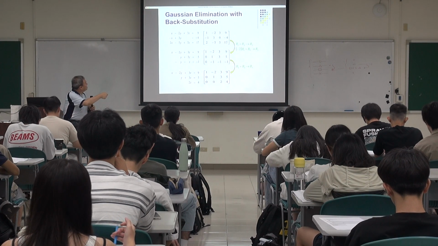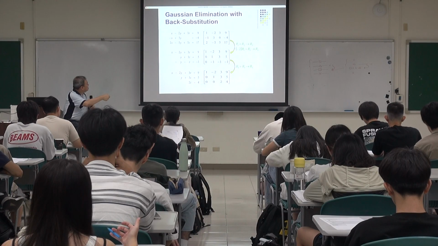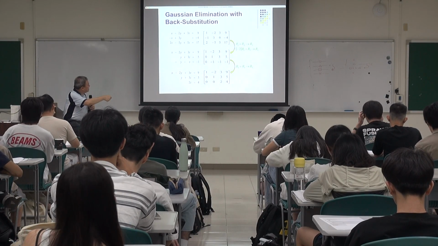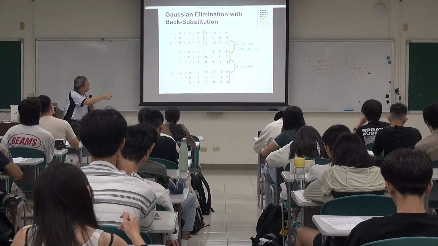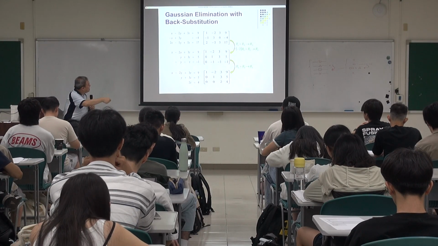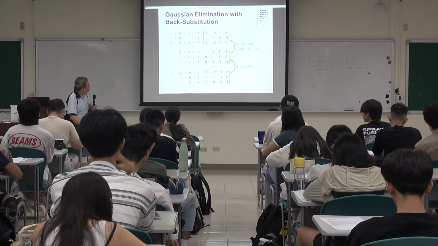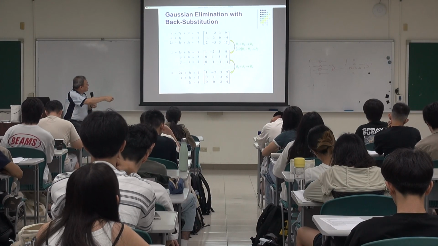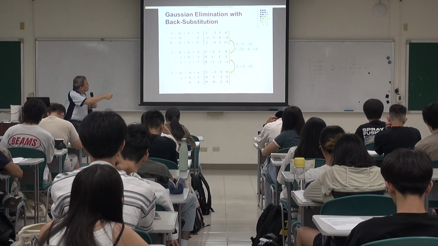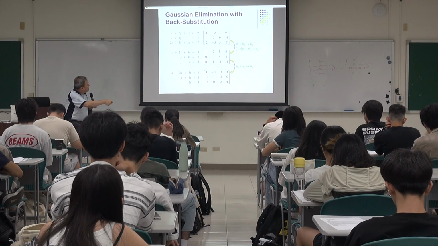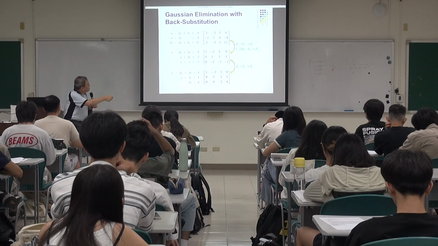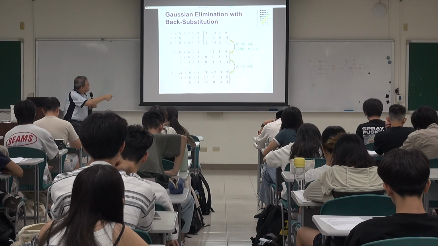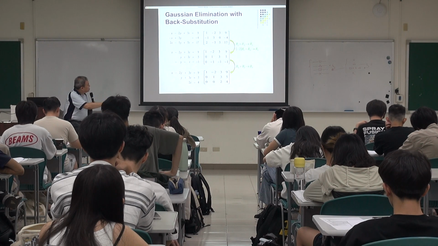So let's have a look. So this is from the top one. This is obviously not row echelon. So we represent this one by augmenting the matrix. And then, from the top one, we add the first row to the second row, and multiply the first row by -2 and add to the third row.